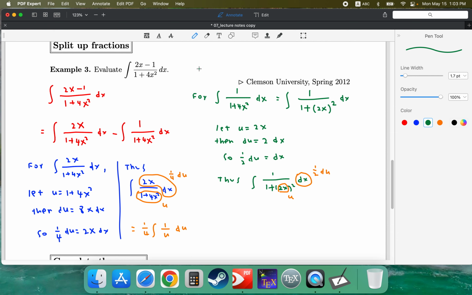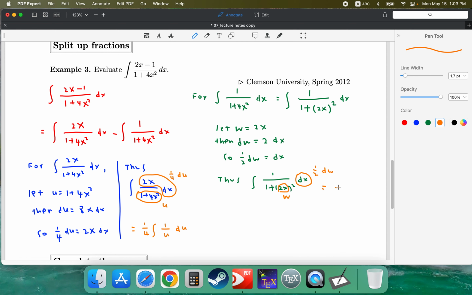Otherwise, it's a little bit confusing. I'm sorry about that, I didn't pay attention on this one. So let's use w. So w equals 2x, then dw equals 2dx. So 1/2 dw equals dx. So dx is 1/2 dw, and this 2x is your w.